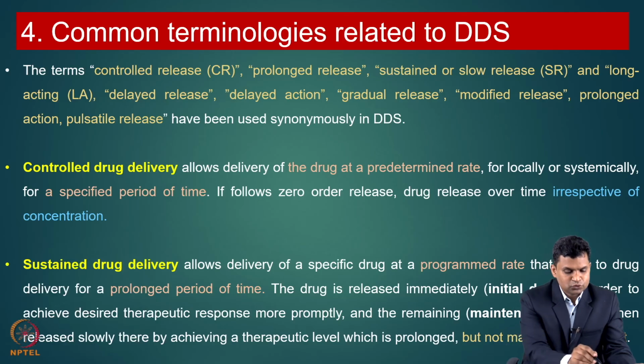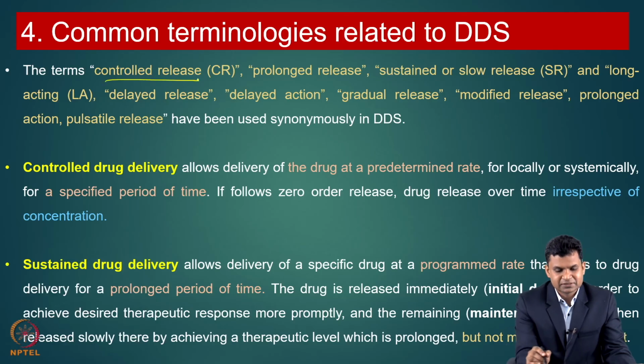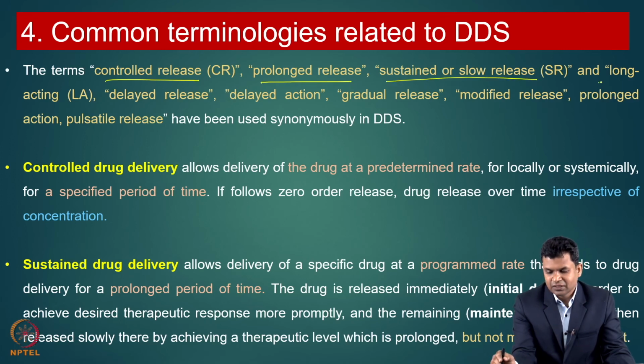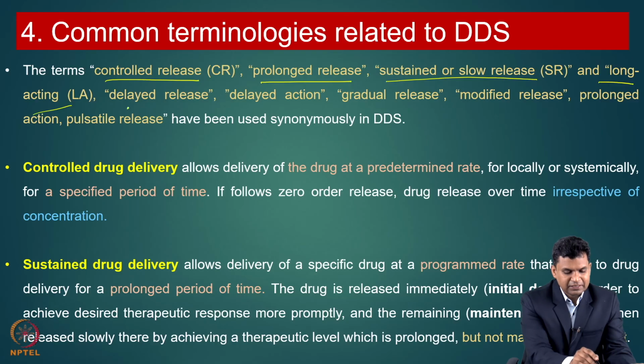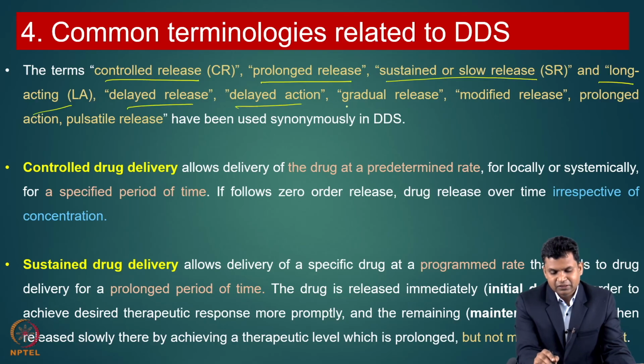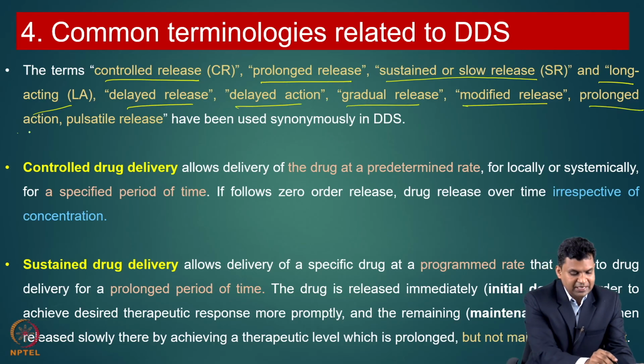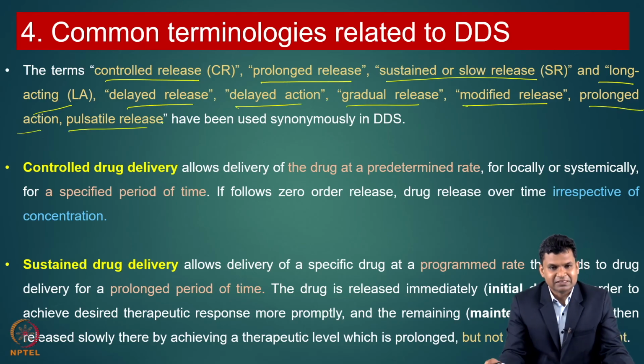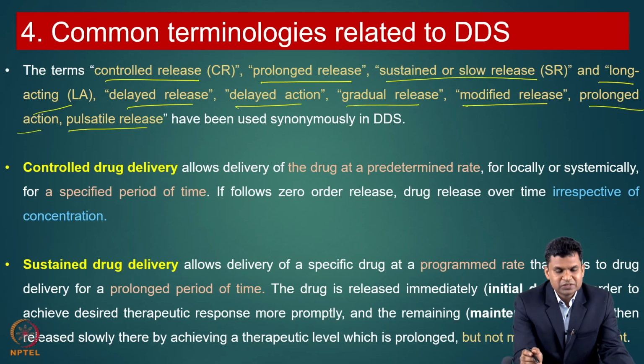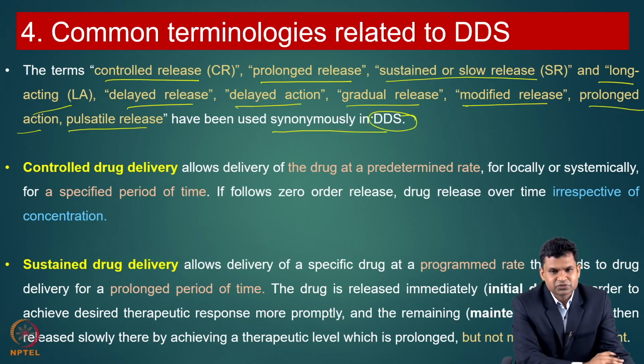The first is controlled release, and then prolonged release, sustained or slow release, long-acting release, delayed action, gradual release, modified release, prolonged action and pulsatile release. These are used synonymously in drug delivery systems.